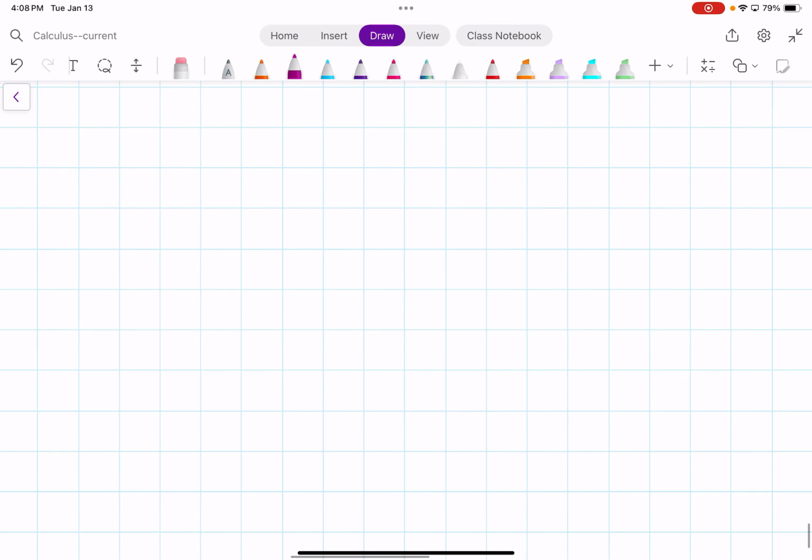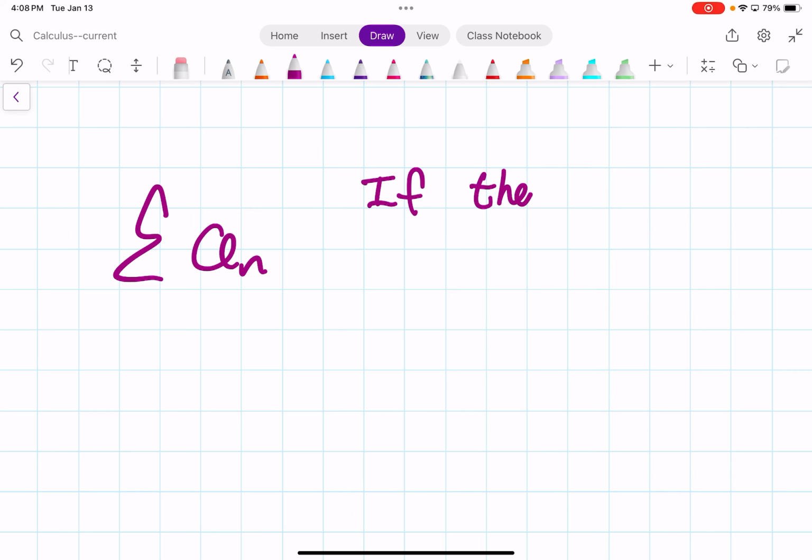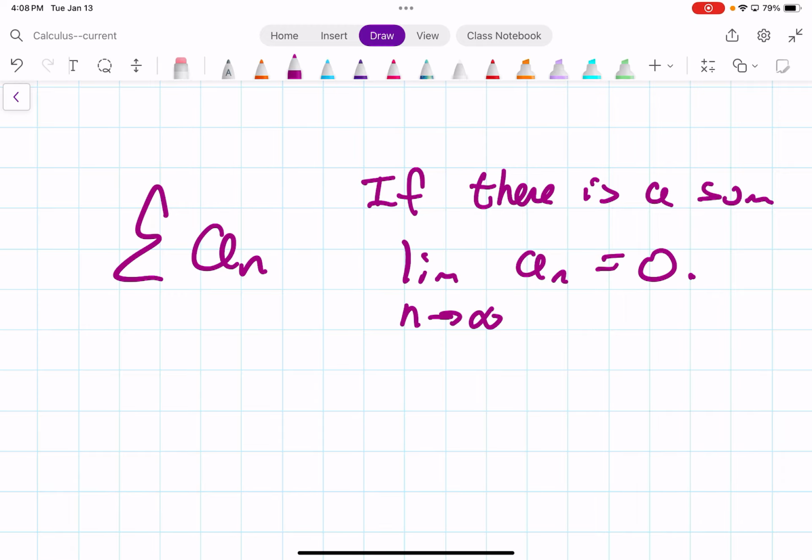So if I have a summation of a sub n, if there is a sum, the limit as n approaches infinity of a sub n should equal 0.